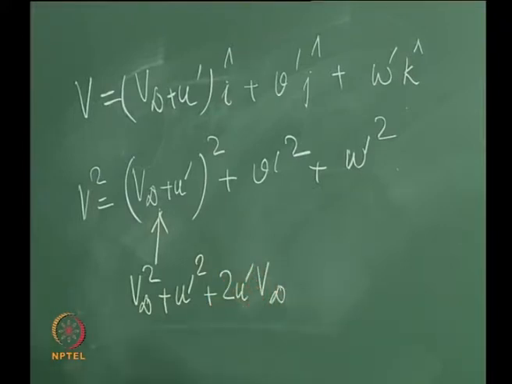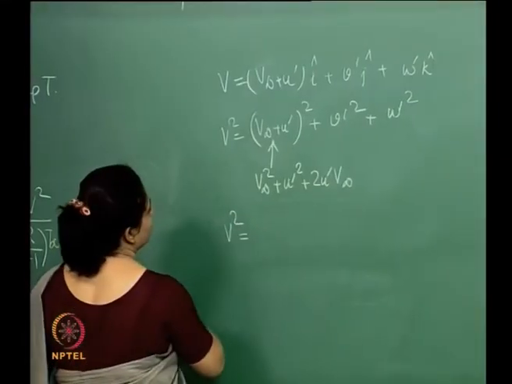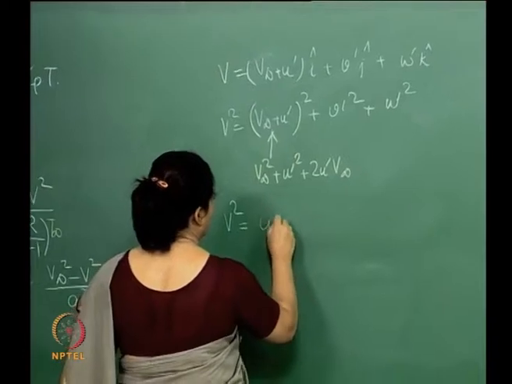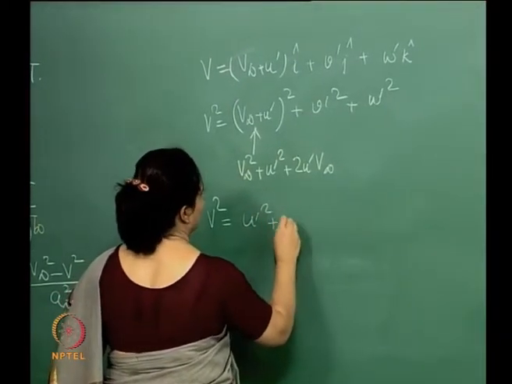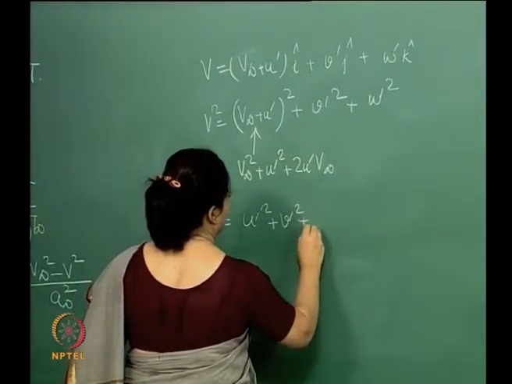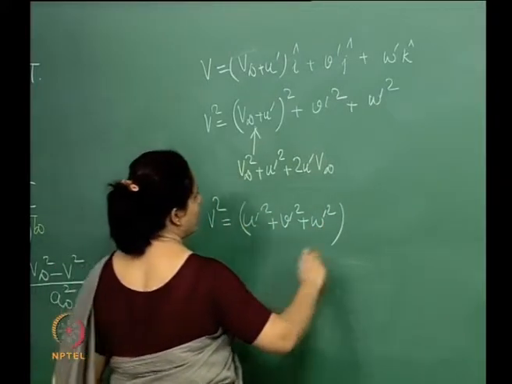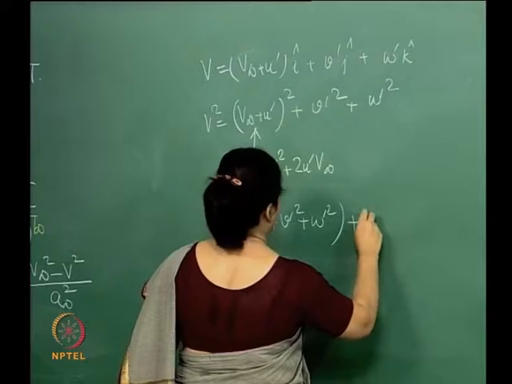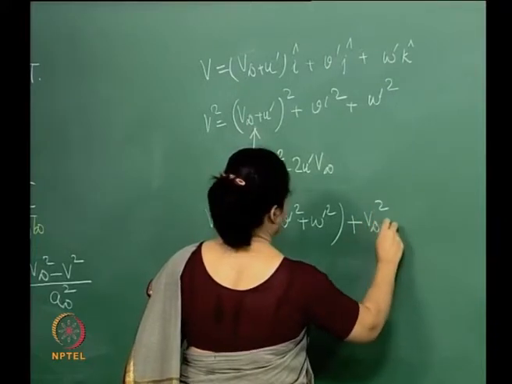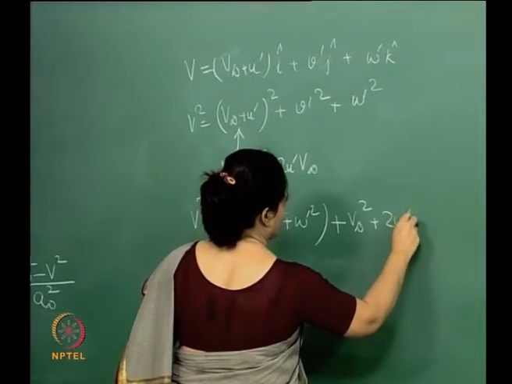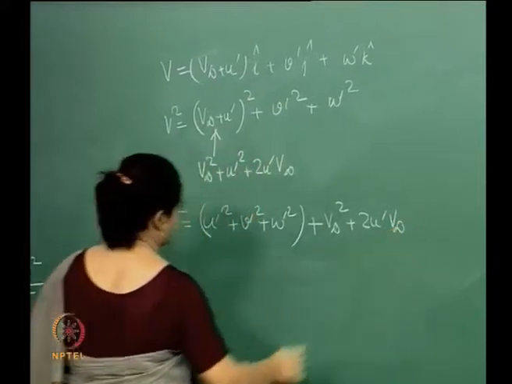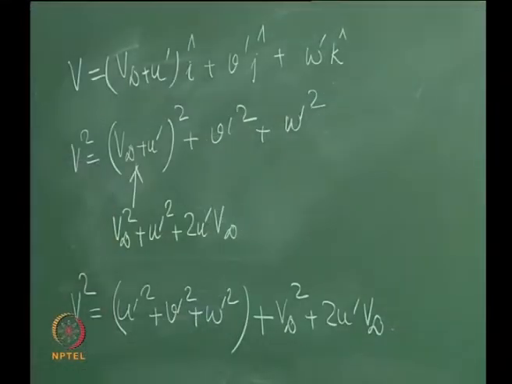So therefore I can write this whole V square term as this. So total V square term is this.